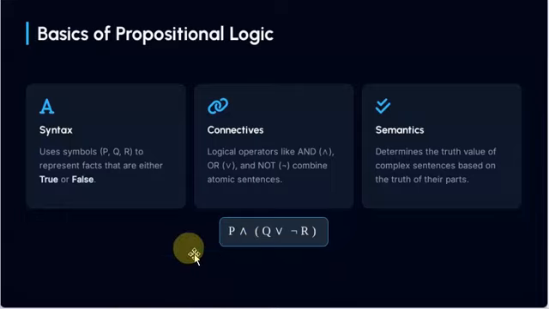So, in this given formula or statement, it means that P must be true, and either Q is true or R is false. So, in this case, one should be true and another should be false.